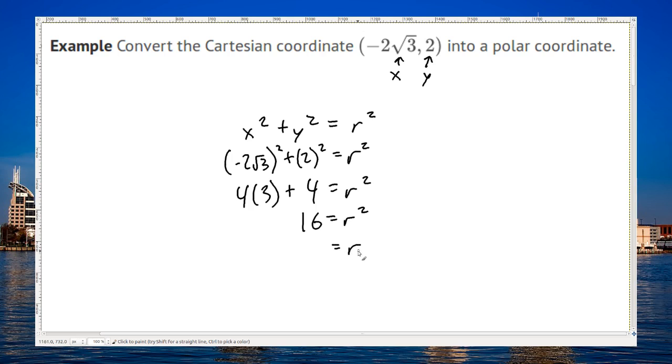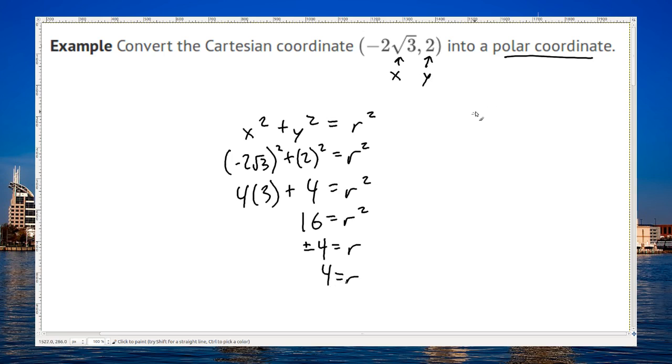So we know that r must be equal to plus or minus 4. Now, actually, we could use plus or minus because there's not a unique polar coordinate, it's any polar coordinate here. So in order to handle this, we'll just go ahead and assume that r is going to be equal to positive 4.